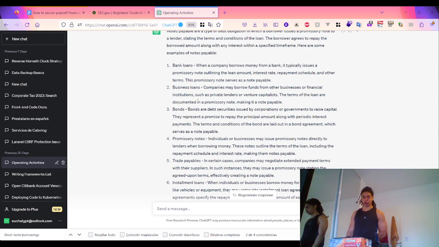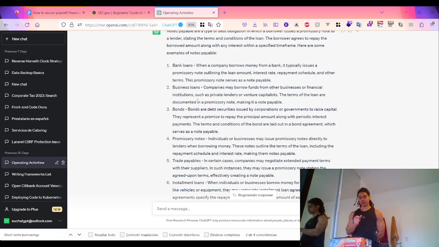So you have these bank loans, which outline the loan amount, the interest rate, repayment schedule, among other stuff.